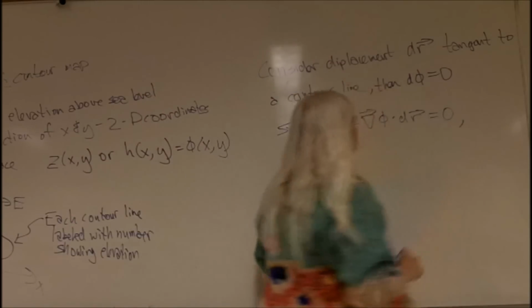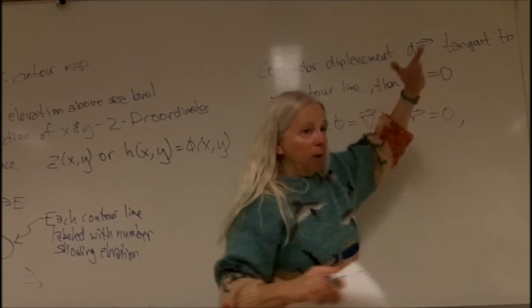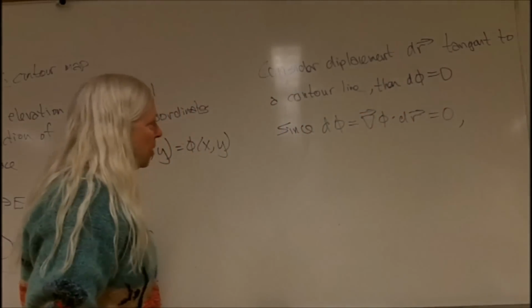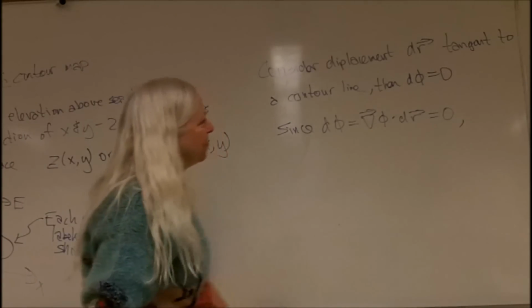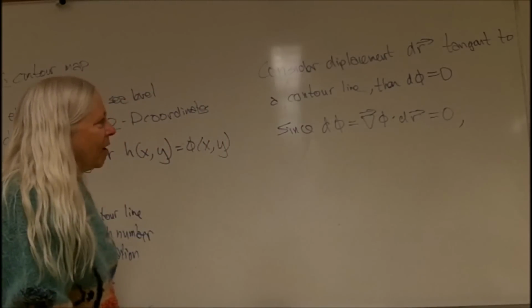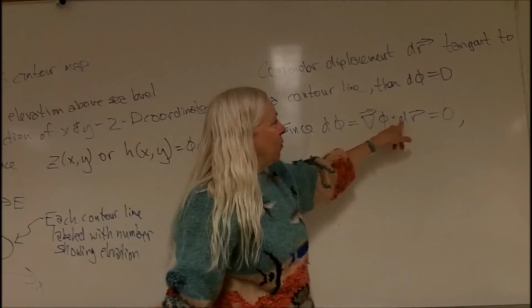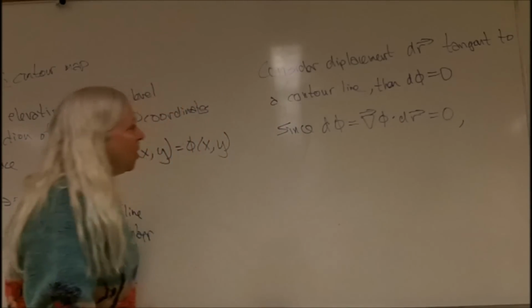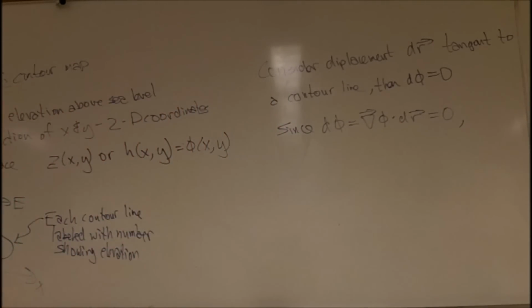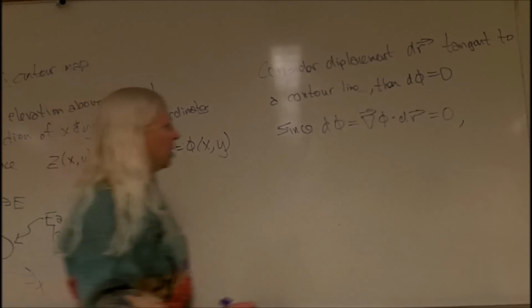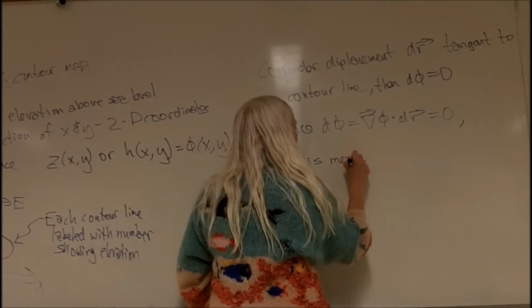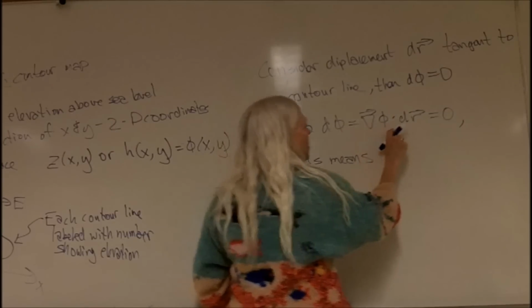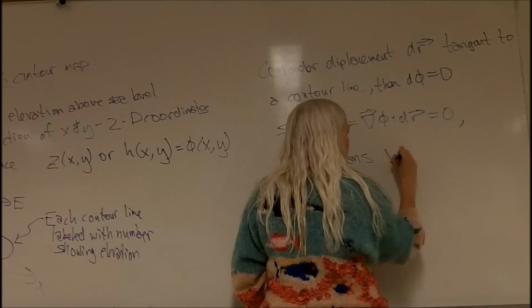Well, we know dr isn't 0 because we know we've moved some infinitesimal amount. And we certainly shouldn't assume in general that the gradient of phi is always going to be 0 either. So how's the other way that we can make this dot product 0? Well, we know that the dot product of two vectors is going to be 0 if those vectors are perpendicular to each other. So if d phi here is going to be 0, that means this dot product is 0.